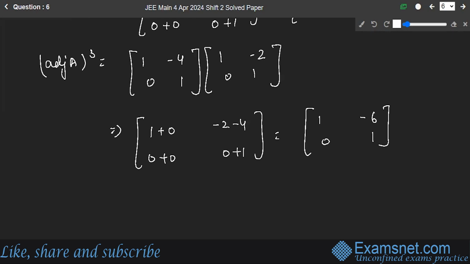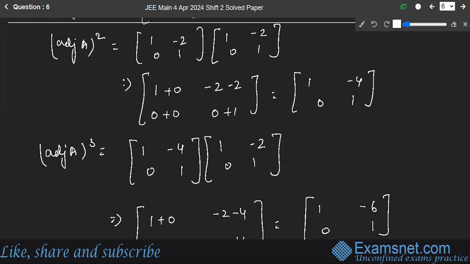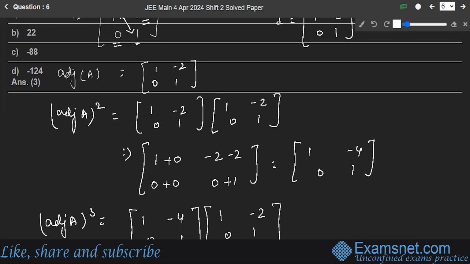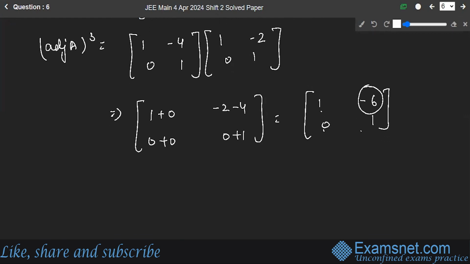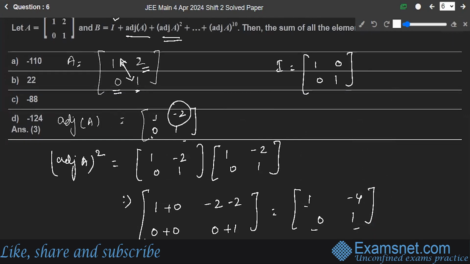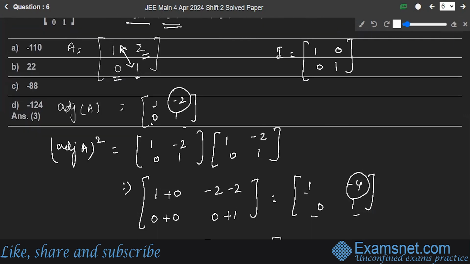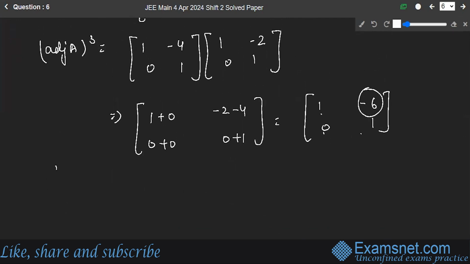So on, you're noticing one thing. I had the adjoint of A as 1, 0, 1 everywhere, and only this element is being changed. How? This is -2 over here, this is -4 over here, and -6 over here, and so on.